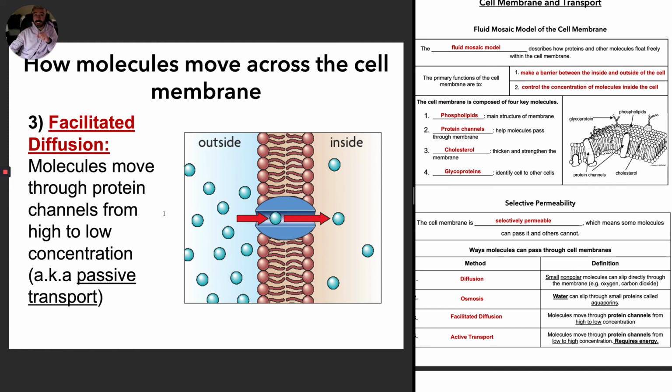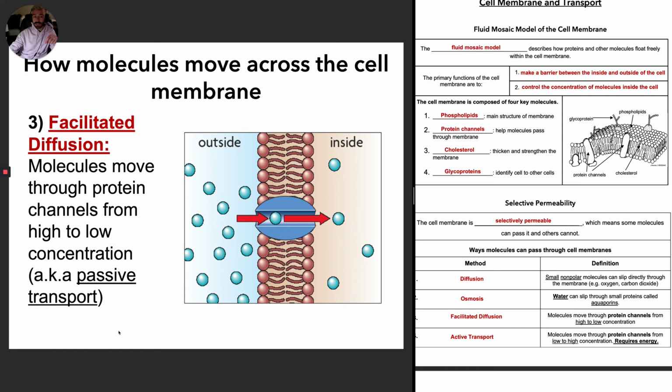You have facilitated diffusion, which is basically what osmosis is, but that's water specific. And facilitated diffusion in general is where molecules move through protein channels to go from high to low concentration. So here you see that there's a high concentration of these molecules on this side and a low concentration of these molecules on this side, and so they move from high to low concentration.